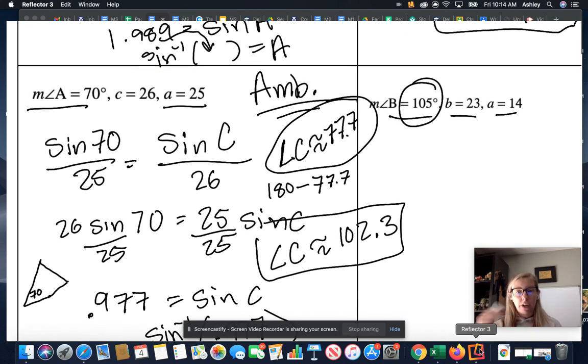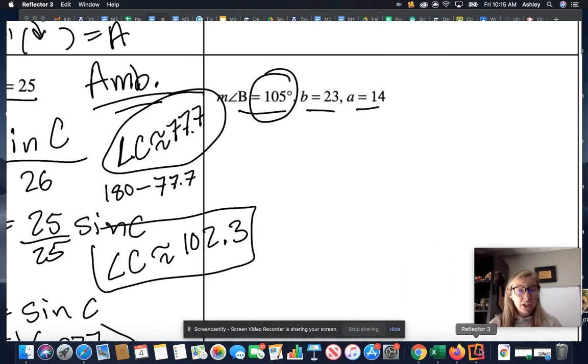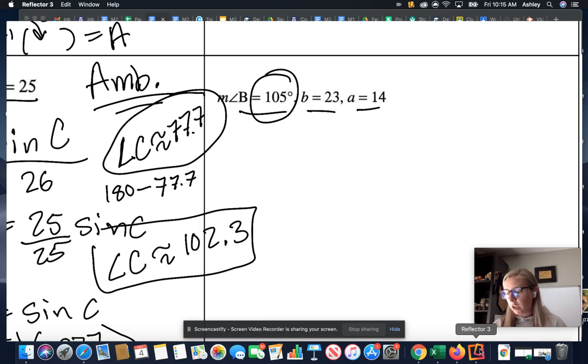So if you have an acute angle, it opens up a lot of options for the rest of your angles, right? But if you have an obtuse angle, there can only be one and only one. So this isn't actually ambiguous because it pins it in a different way. So when we solve for this, there will only be one potential option.